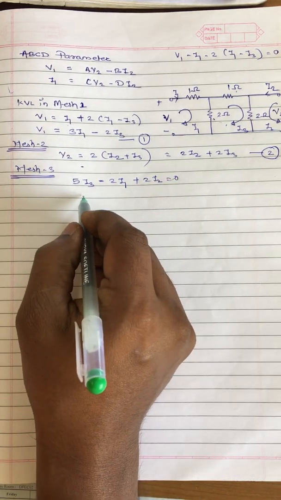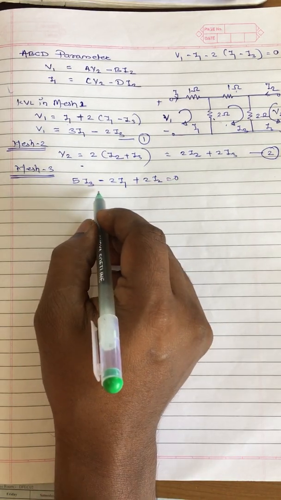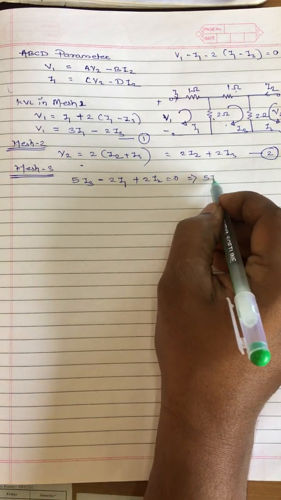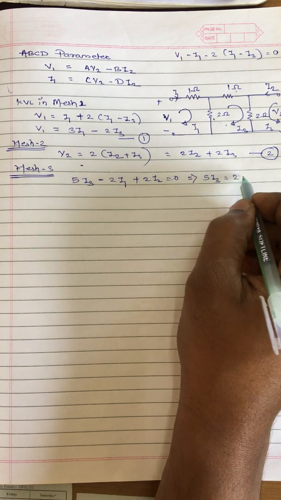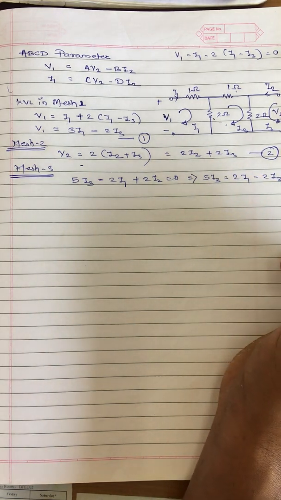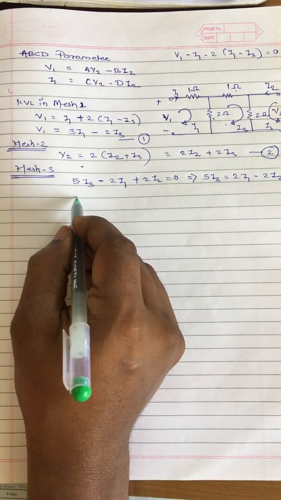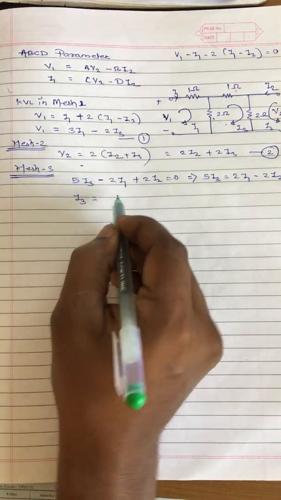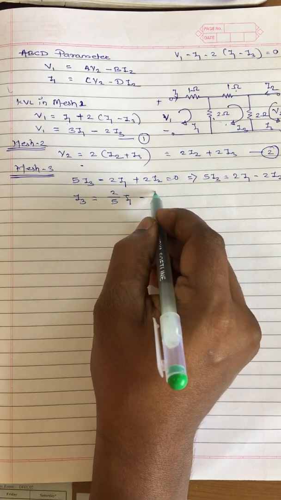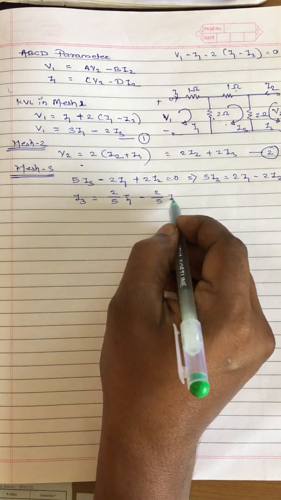If I rearrange, 5 I3 equal to 2 I1 minus 2 I2. Now let's rearrange for I3. It will be 2 by 5 I1 minus 2 by 5 I2.